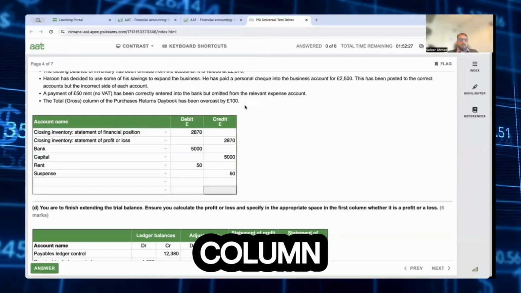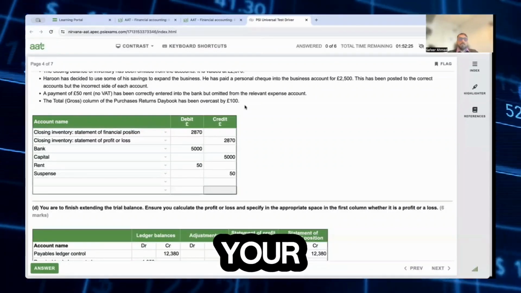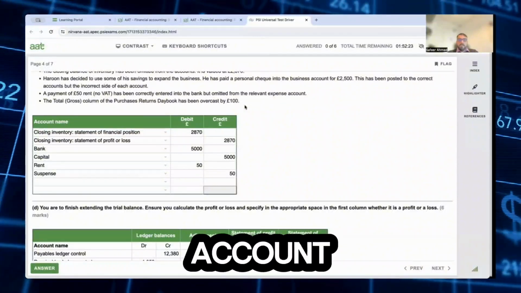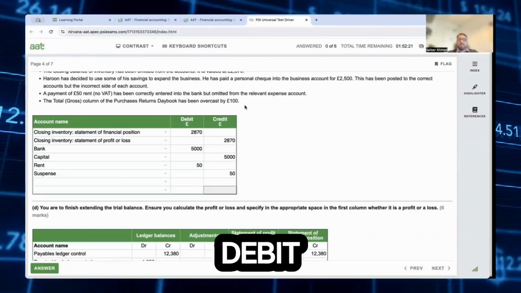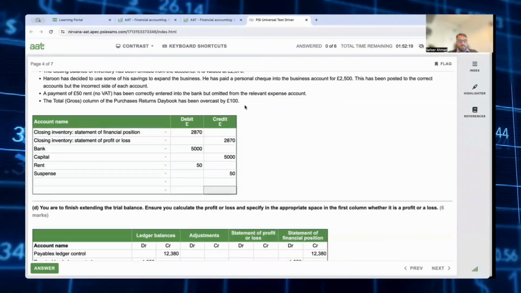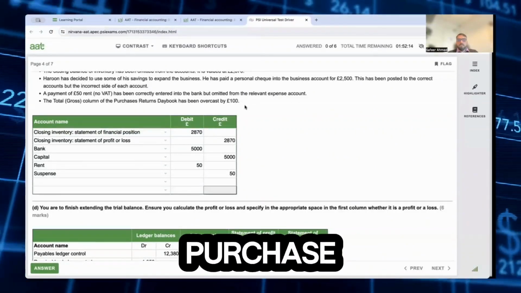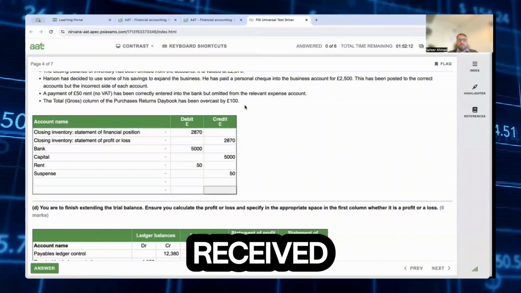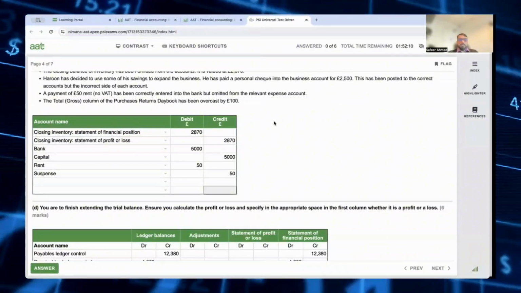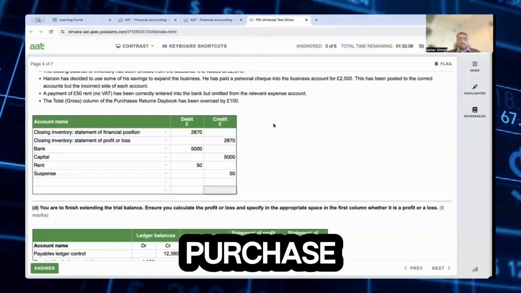Now, the gross column, remember that amount goes into your payables ledger control account, on the debit side. Remember, it's in relation to the purchase return or the discount received. So therefore, we overcast the debit side of the purchase ledger control account.